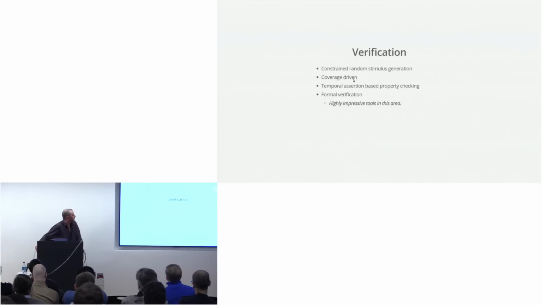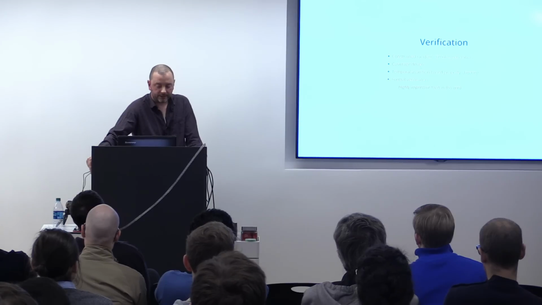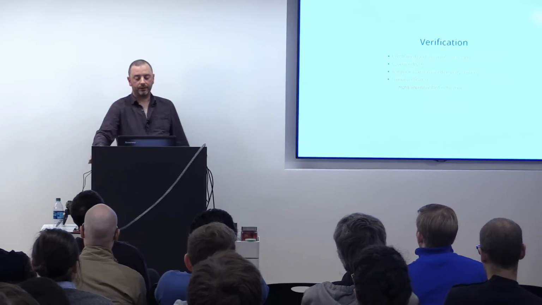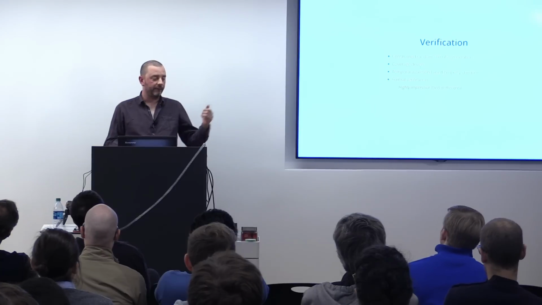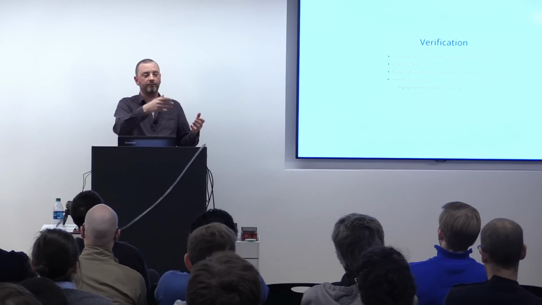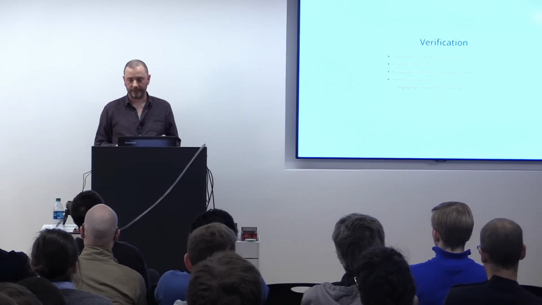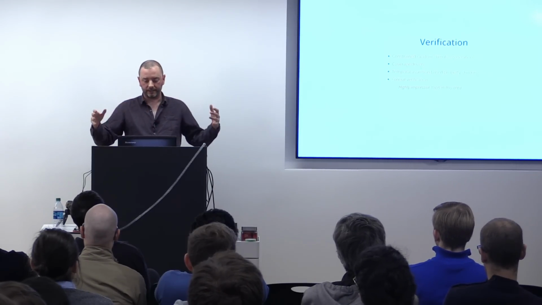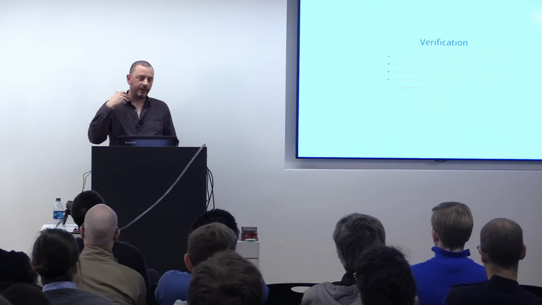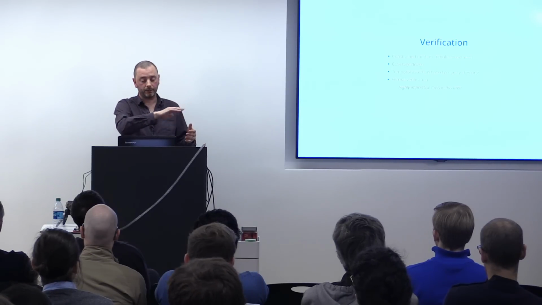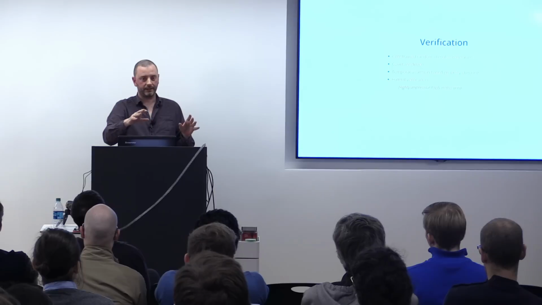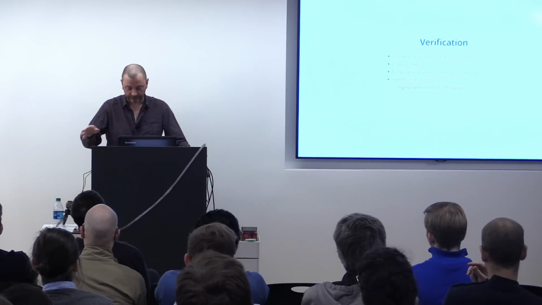I think more interesting are the temporal assertion-based property checkers. These allow you to say, an event occurs, I need some other event to occur within 5 clock cycles, say, and various temporal events like that can be described. Then when you run the simulation, the simulator will check that these properties are always true.